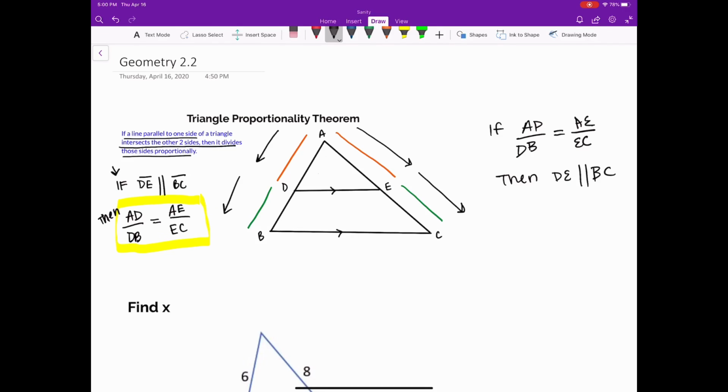All right, I'm really concerned that you know that if you've got this parallel line coming through here, then it splits our sides proportionally.